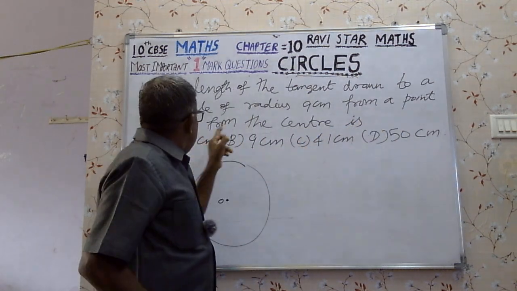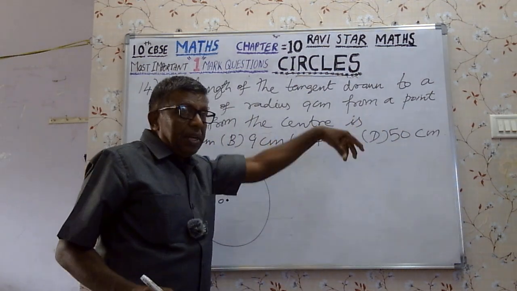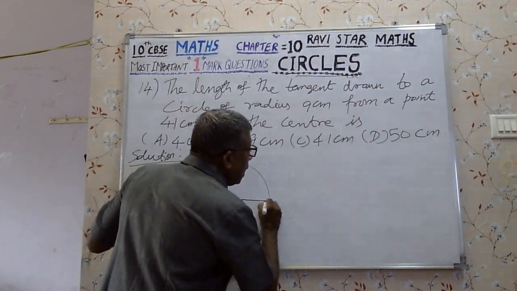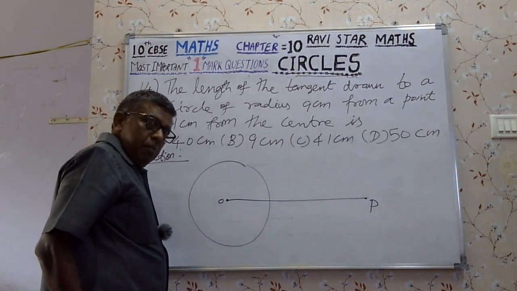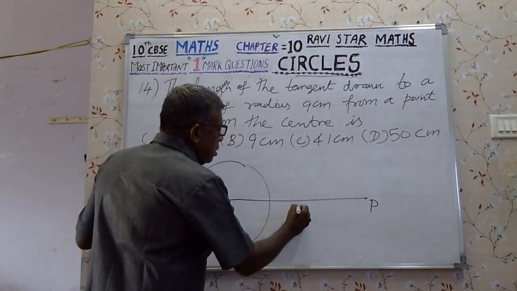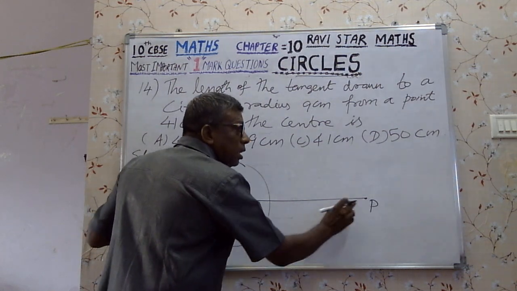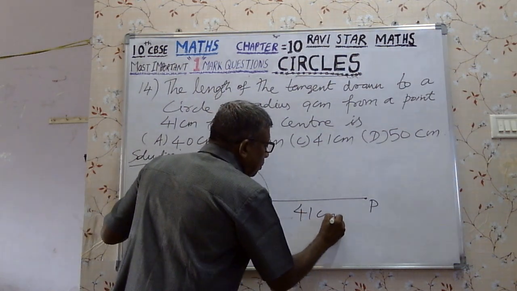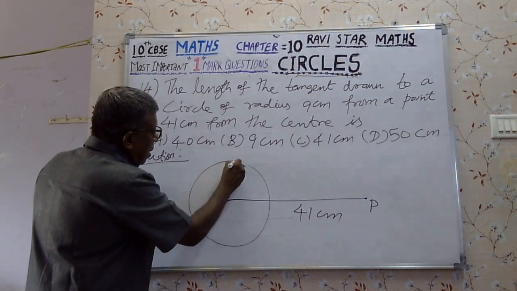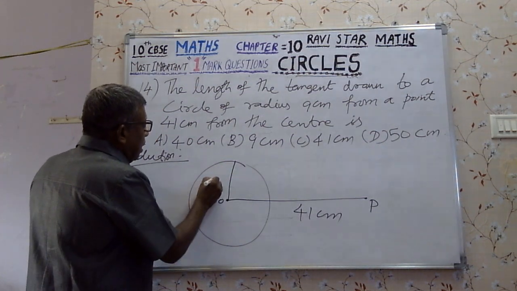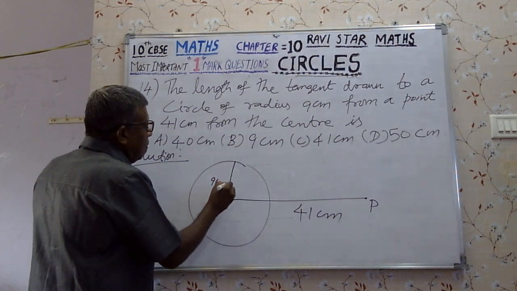From a point 41 centimeter from the center, there is one point P. That is, the distance between the center and the point P is 41 centimeter. This is the radius, 9 centimeter.